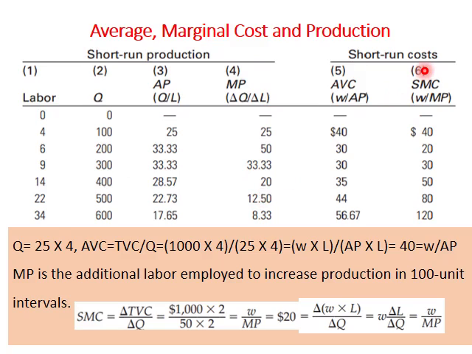And the corresponding short-run costs for this labor: average variable cost equals the wage rate divided by the average product. Here is the average product, and we can get the wage rate from the previous table, that is 1,000.